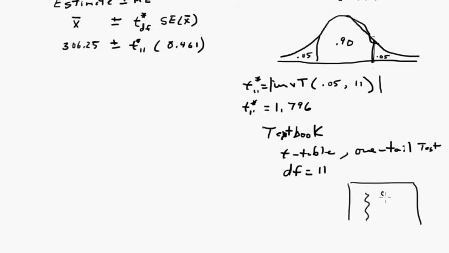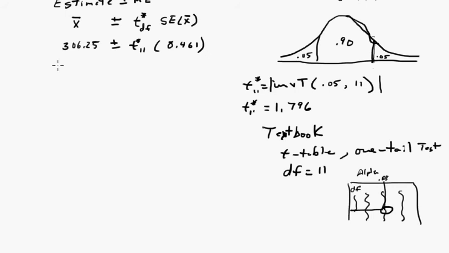You're going to have some numbers, and df would be the first one right here. So go down and find 11, and then up here we call these alpha values. So your alpha is going to be 0.05. You see 0.05, just go down and then you'll find the value. Okay, so just make sure you can do that.